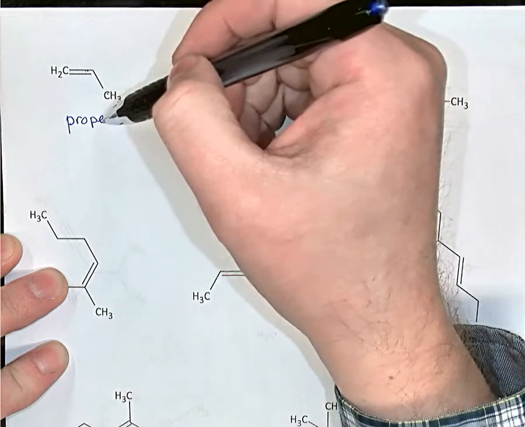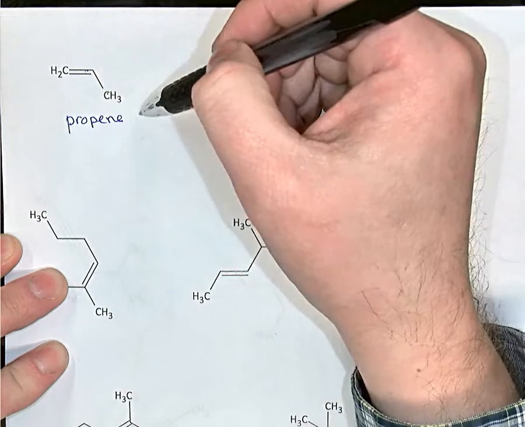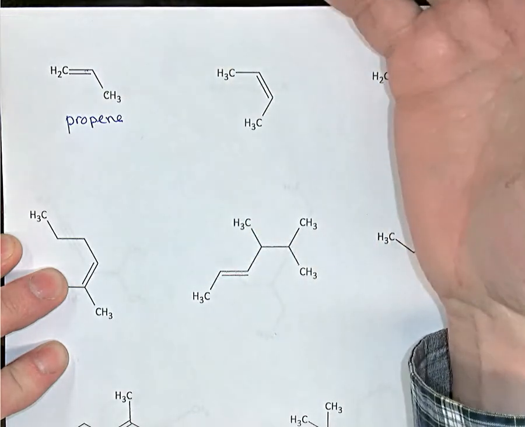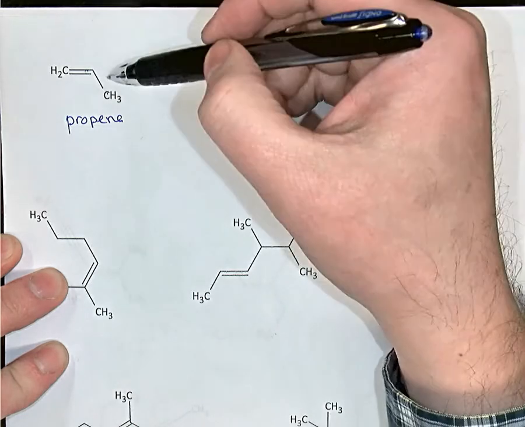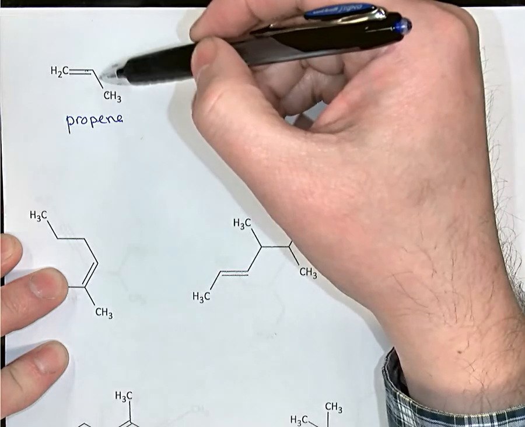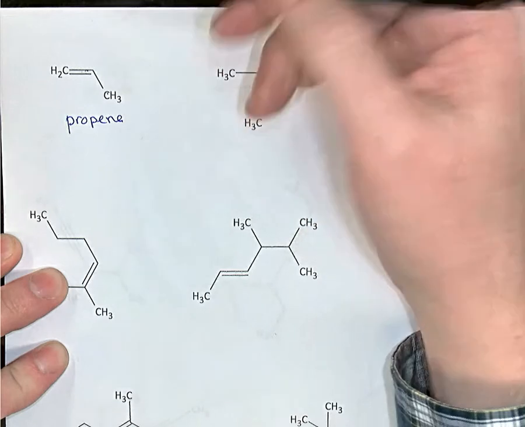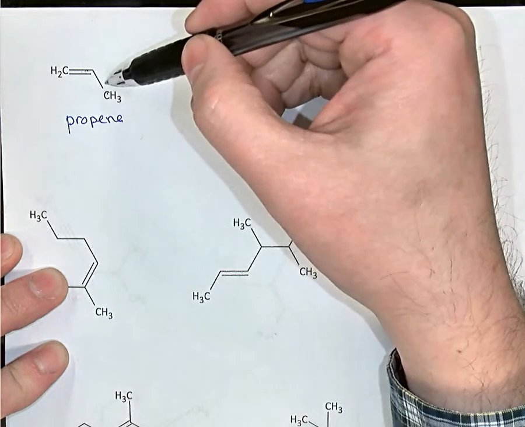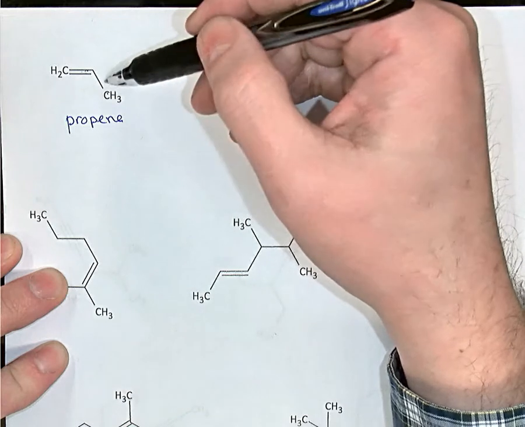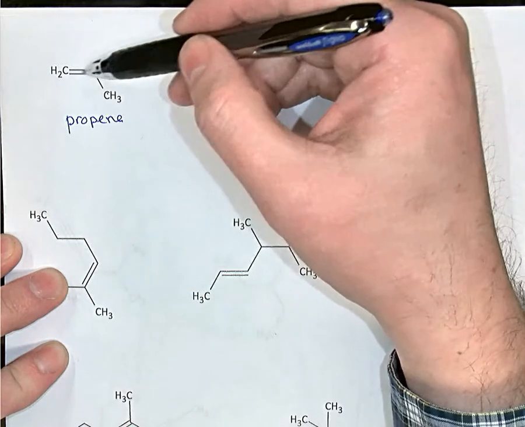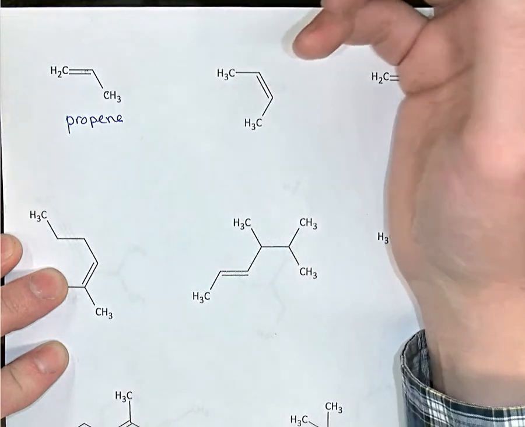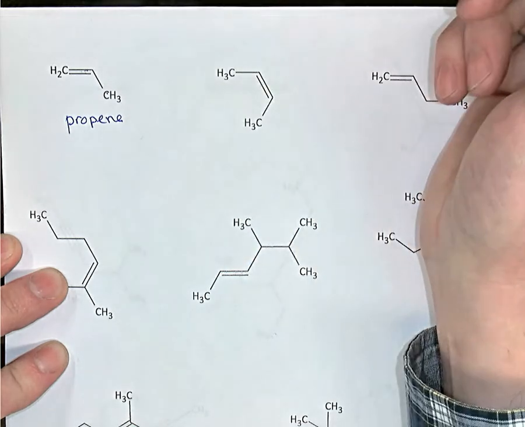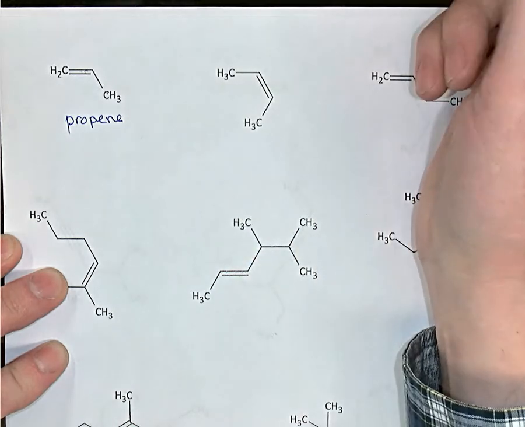So some people would call this 1-propene, meaning the first bond is the double bond. However, if you put the double bond here instead of here, it would still be 1-propene because you would number from the end closest to that double bond. So because it doesn't matter where the double bond was, you don't really need to put a number in this example. You could just call it propene and that would be sufficient.